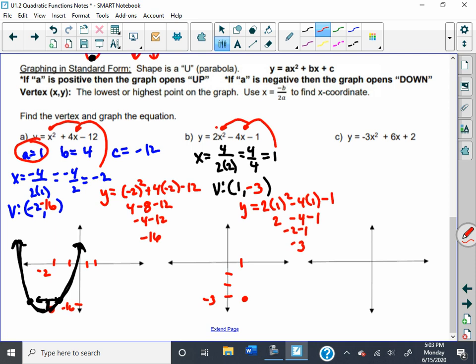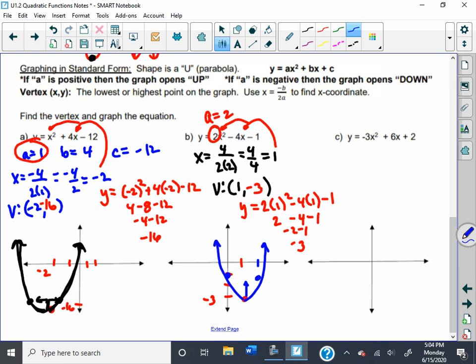The A value is positive 2, so it's going to go up. Then again, use that A value: you go up 2, right 1, which puts you there, and then up 2, left 1, which puts you right there. And then we have our graph.